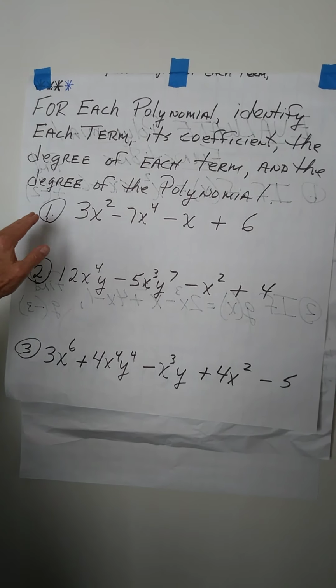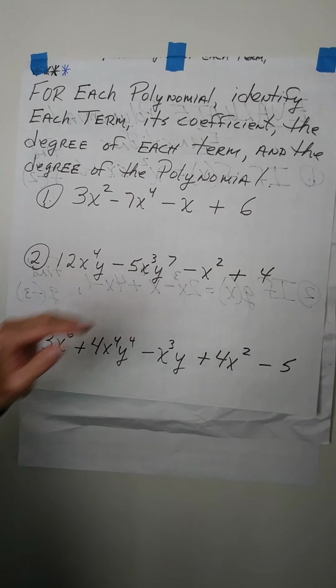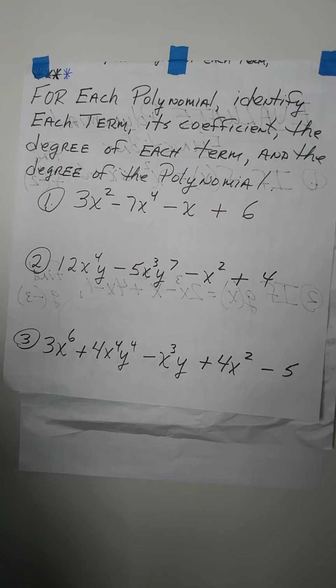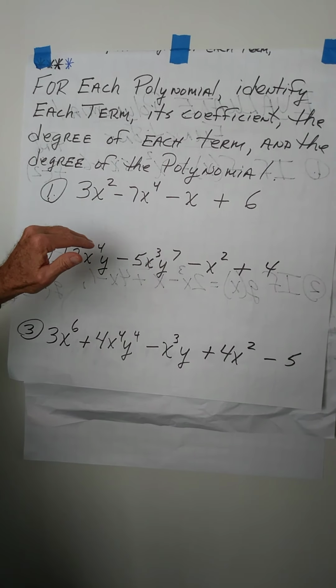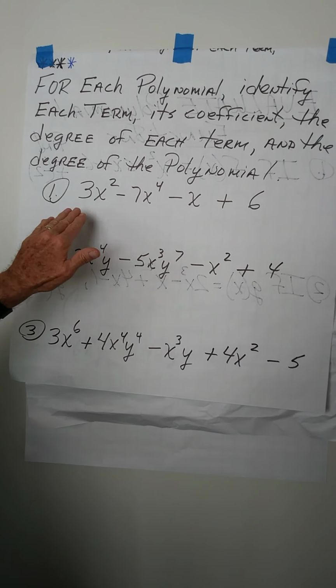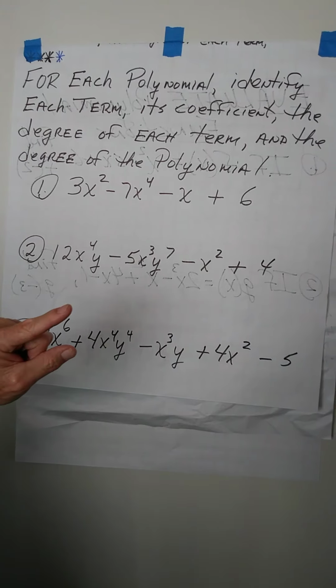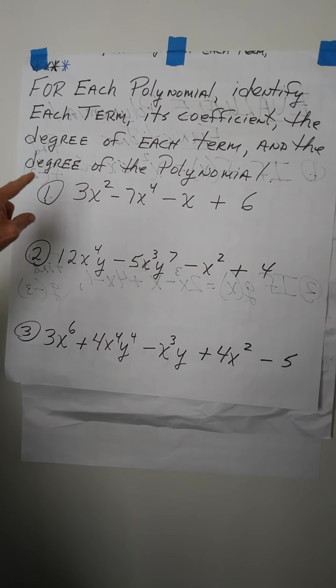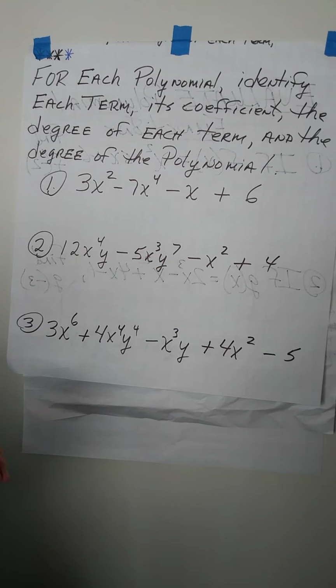They're going to ask you to identify each term that makes up the polynomial. Secondly, they're going to ask you to identify the coefficient for each and every one of those terms. Third, they're going to ask you to identify the degree of each one of the monomial terms.